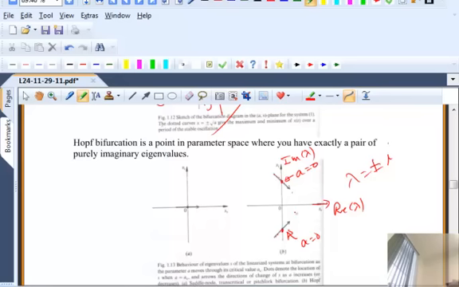Why? Because we are plotting the real part of the eigenvalue against the imaginary part of the eigenvalue. So if any of the eigenvalues appears on the right hand side, what happens to the system? It becomes unstable because you have a real part that is positive. So for stability, all the eigenvalues must be on the left hand side.